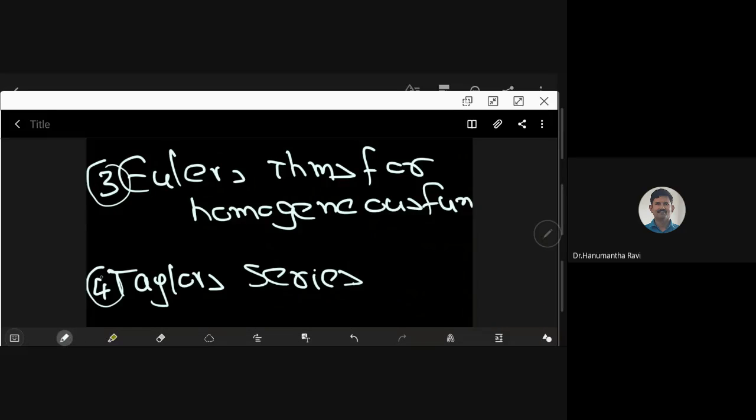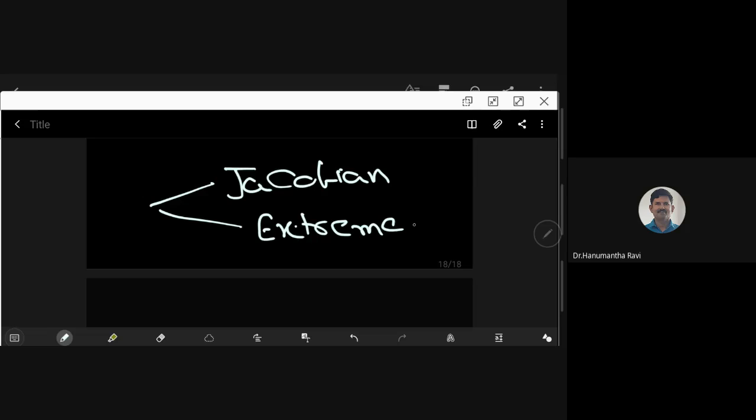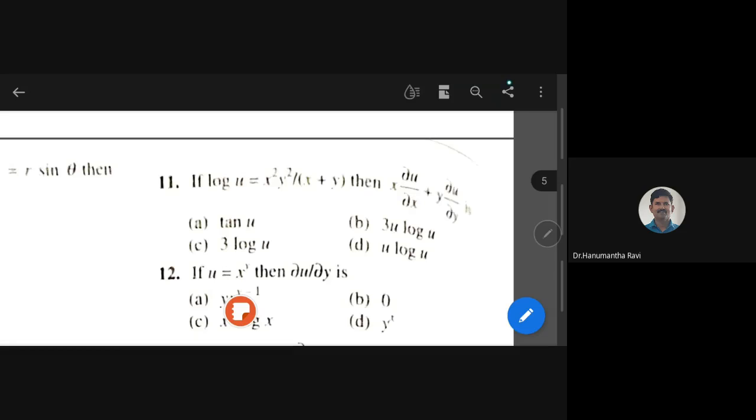So in our next session, hope we will cover these two topics: the idea of Jacobian, and extreme values. Then we will enter into the integral calculus part. So that is all for this session. Okay, thank you.